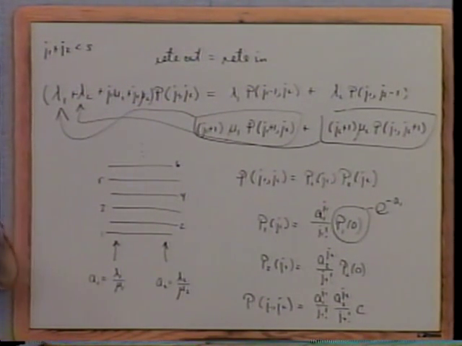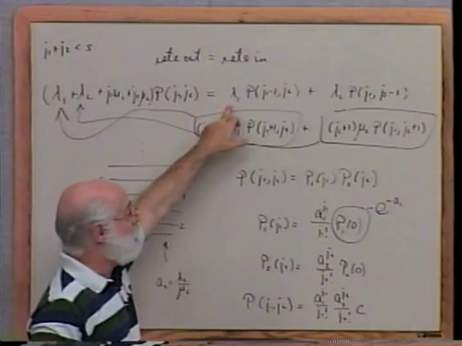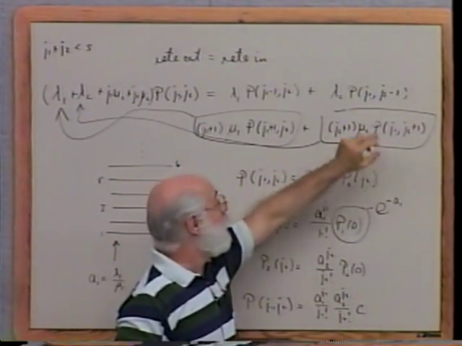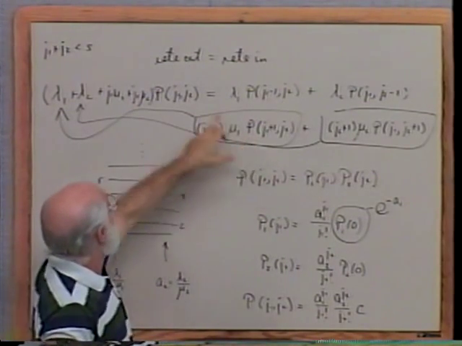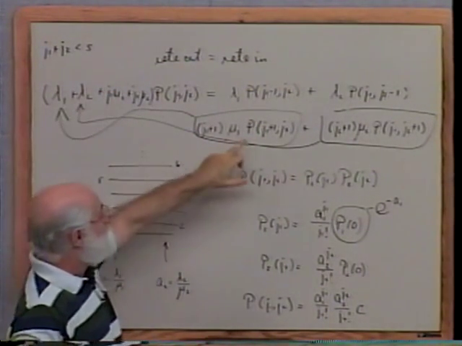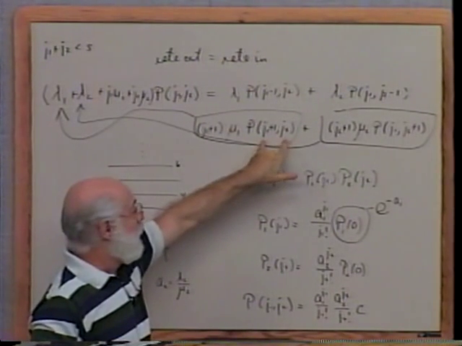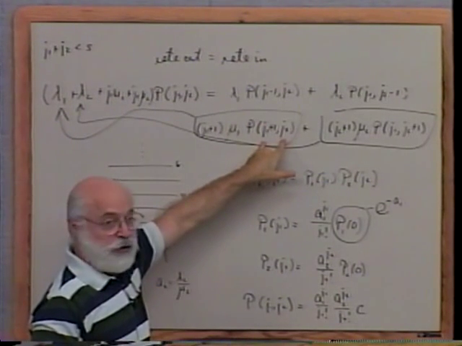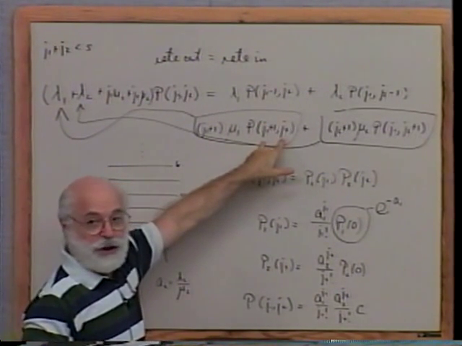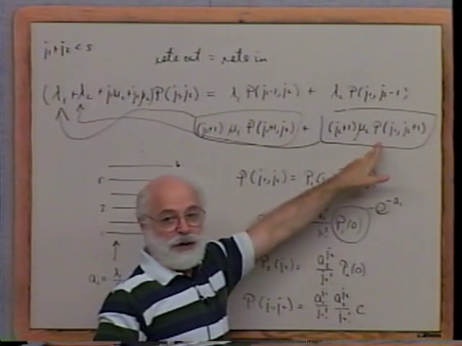On the right-hand side, if J1 plus J2 is less than S, then there's certainly room for an arrival to occur in this state and an arrival to occur in this state. What about this state? If J1 plus J2 is less than S, then J1 plus 1 plus J2 is not greater than S. So that means that this state would still be there. That is, this is a legitimate state, and so this term would be there, and by the same argument, this term would be there.